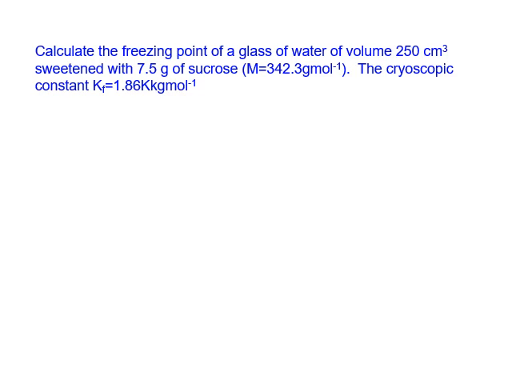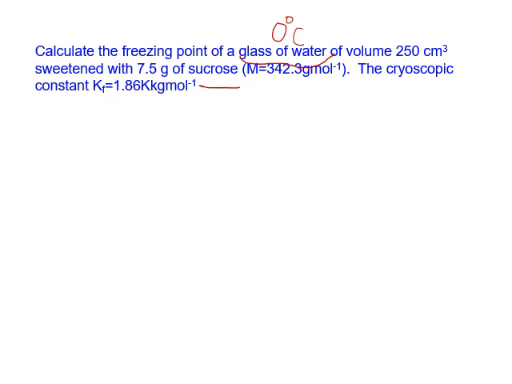Question number 2. Calculate the freezing point of a glass of water of volume 250 cubic centimeter sweetened with 7.5 gram of sucrose. Okay, so we know that for pure water, the freezing point is supposed to be 0. But now when we add the sucrose, the water becomes impure, becomes a mixture, and therefore the freezing point should decrease.